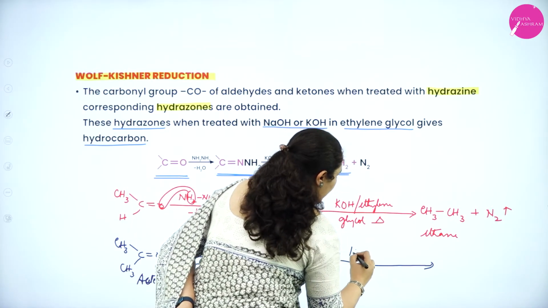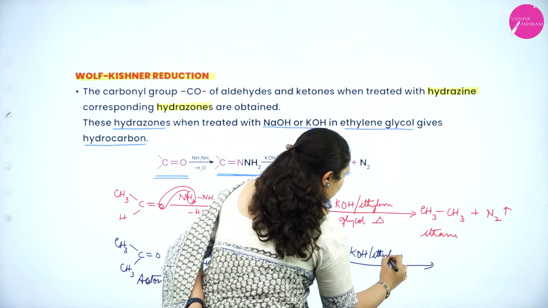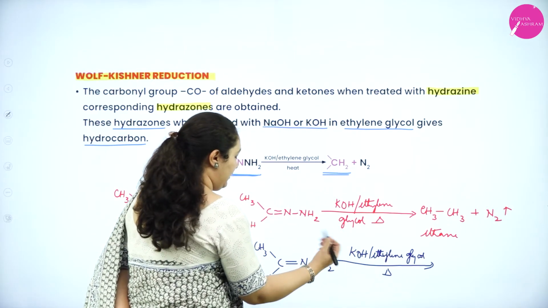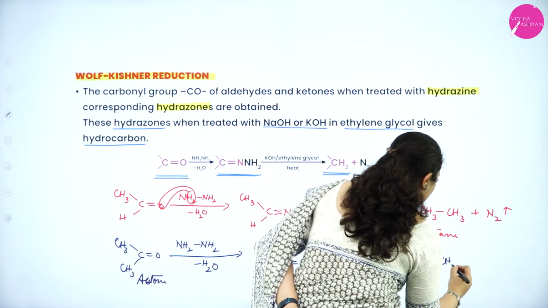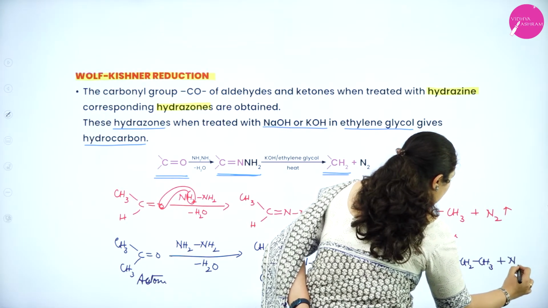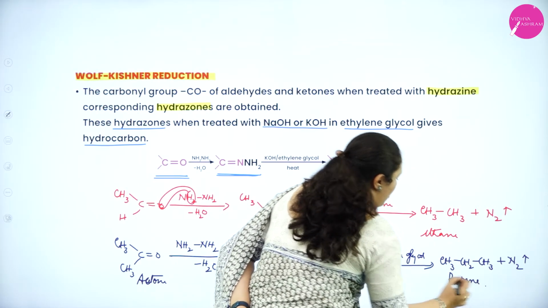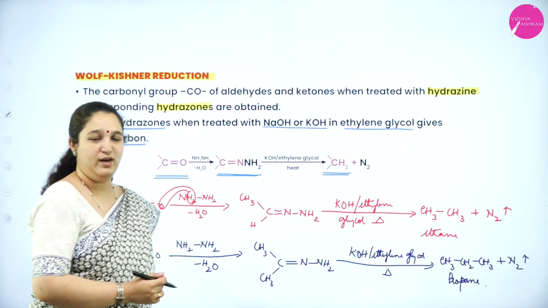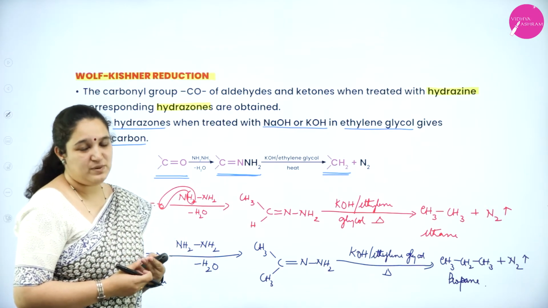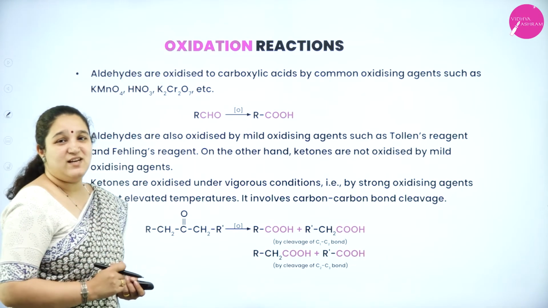Further, it is treated with KOH in the presence of ethylene glycol. When it is heated, the nitrogen molecule will be removed. I'll get CH3, CH2, CH3 plus N2 removed, and this is called propane. Okay. So for every reaction you need to learn to write 2 examples, one with an aldehyde, one with a ketone. Next is oxidation reactions.